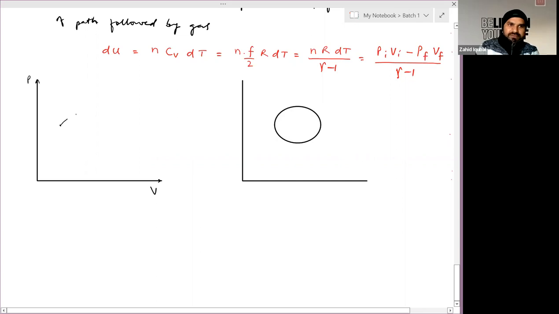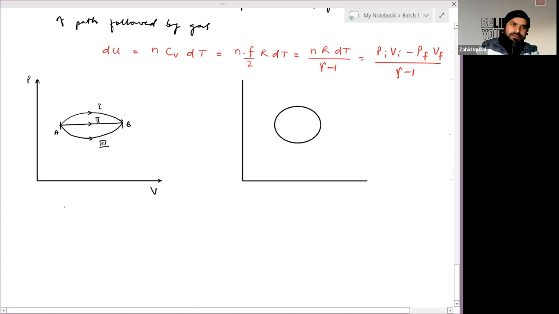We have three different paths, one along this way, and along this way. Same initial and same final point for all three paths. Let's say this is path first, path second, and path third.